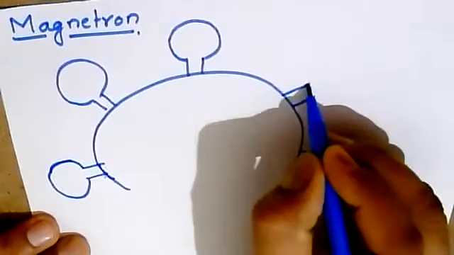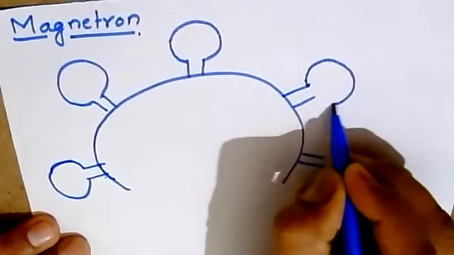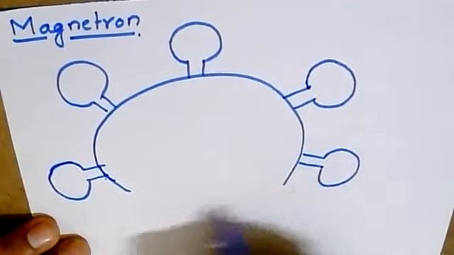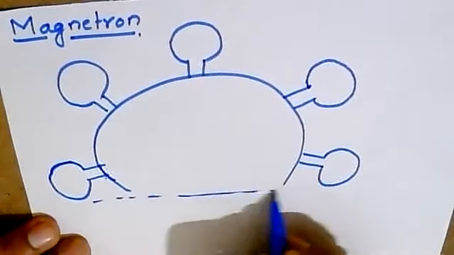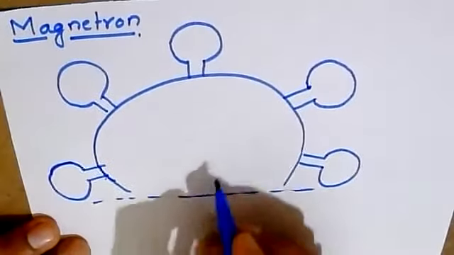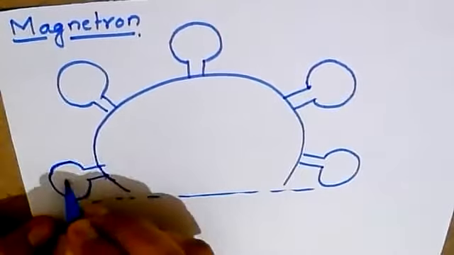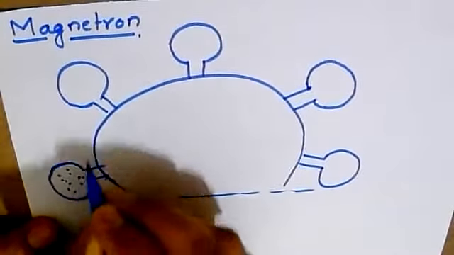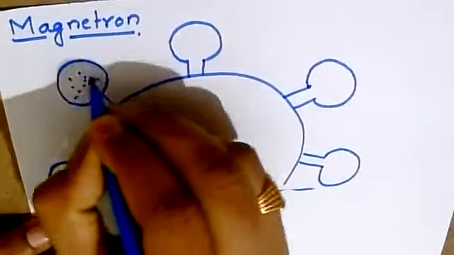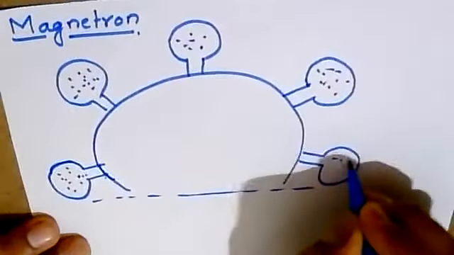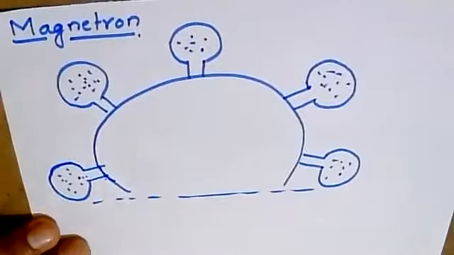Totally it will be 8, but to make it easy I'm taking only half of the part, which has 5 cavities. With these 5 cavities, the RF field is given by the dotted lines. The RF field is present in the cavities over here.